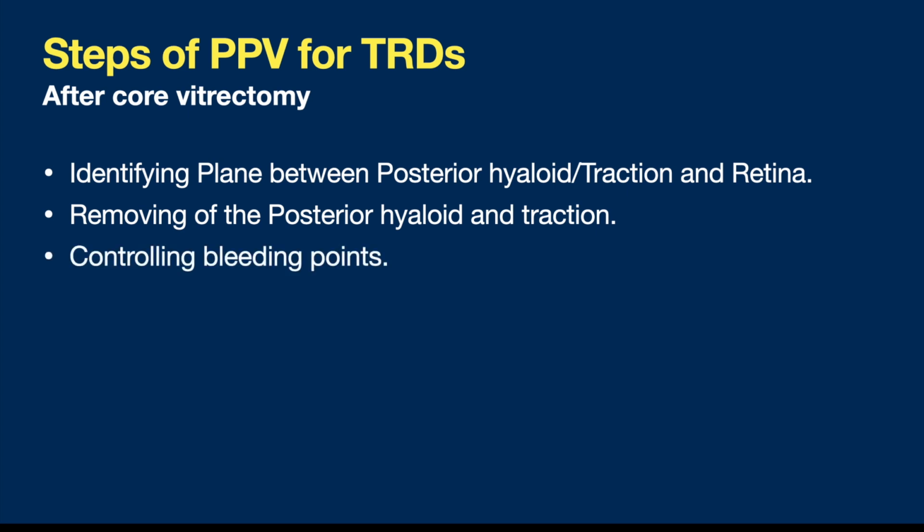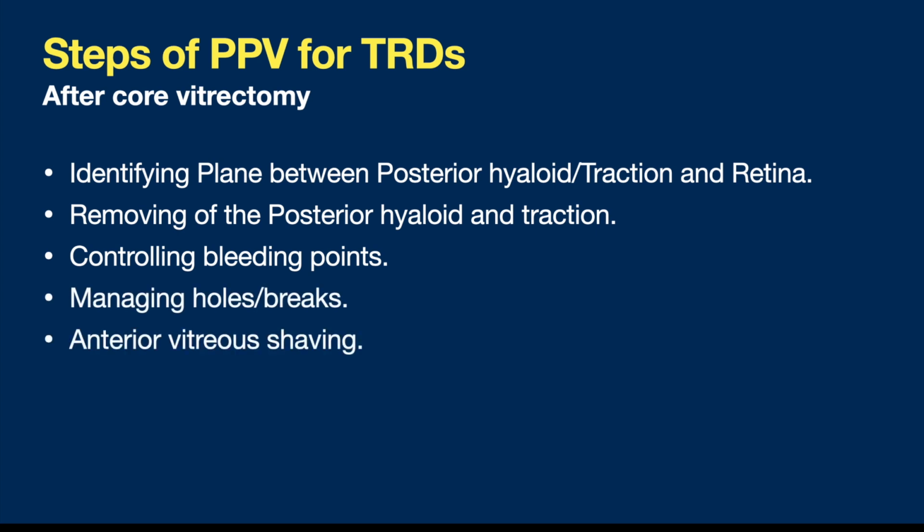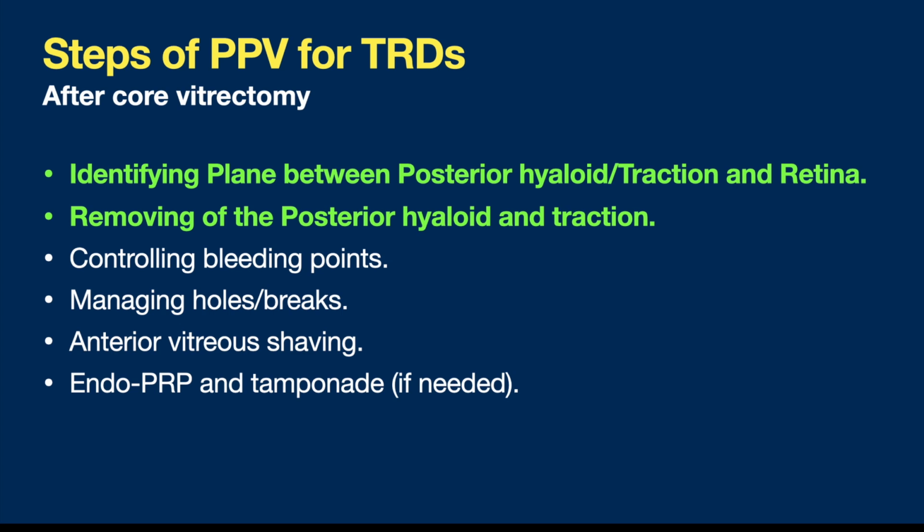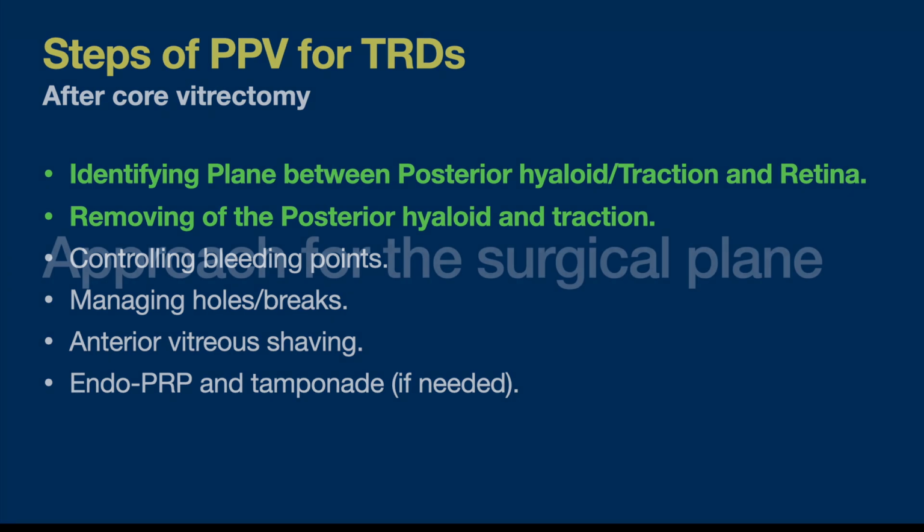We control bleeding points, we manage holes and breaks, we do anterior vitreous shaving, and we do endolaser and tamponade if needed. This presentation is going to approach how to identify the plane between the posterior hyaloid and the traction combined and the retina, and how to remove the traction in combination with the posterior hyaloid membrane.